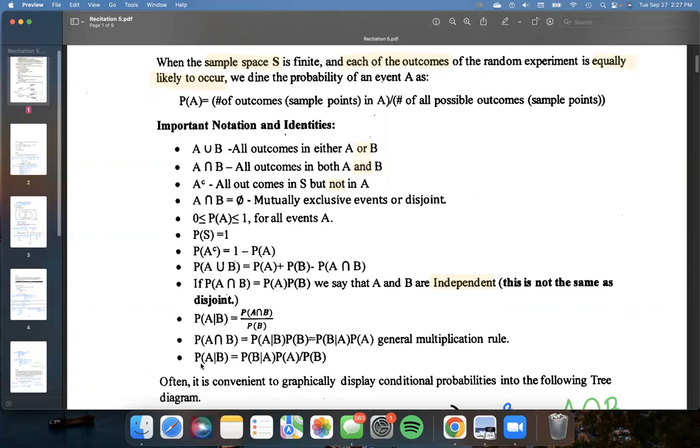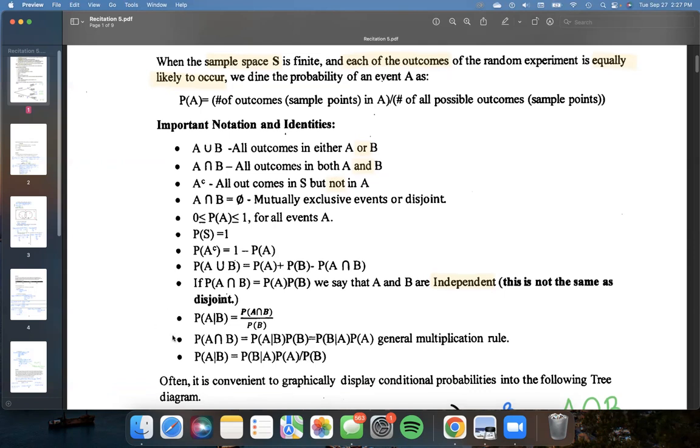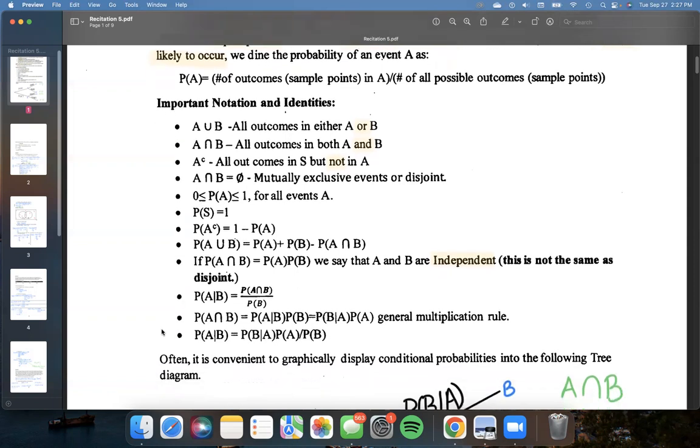Okay, and then the probability of A given B equals the probability of B given A times the probability of A divided by the probability of B. So all of this may seem a little bit overwhelming at first, but as we work through some problems later, hopefully it'll start making more sense.